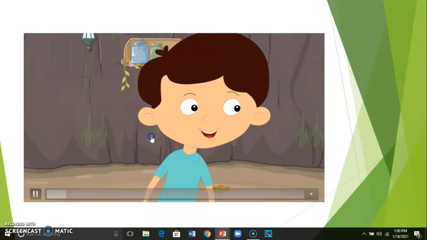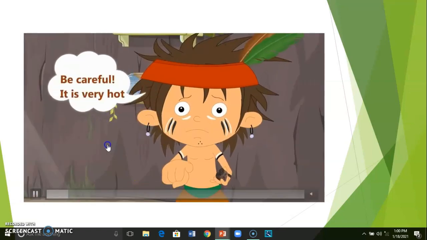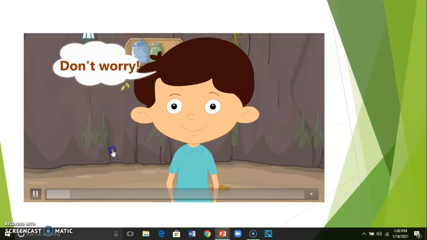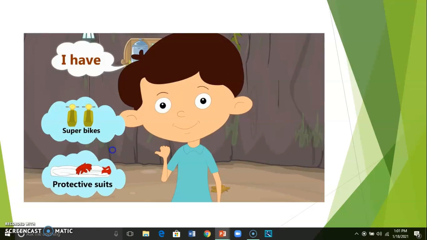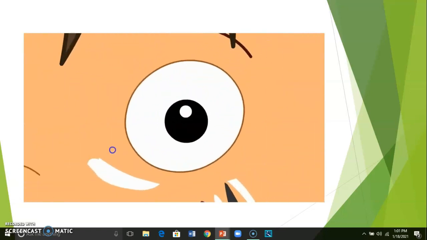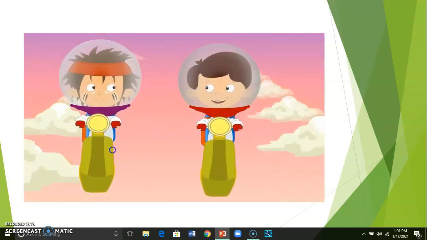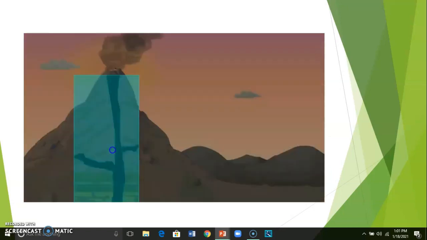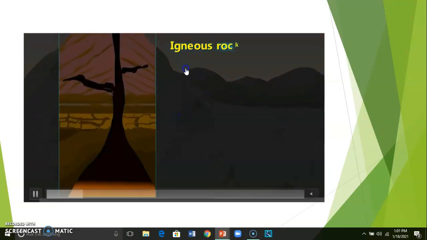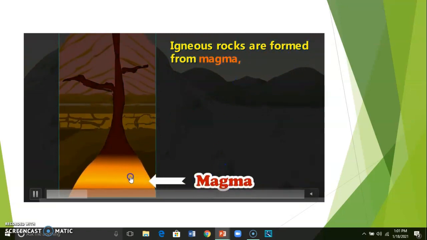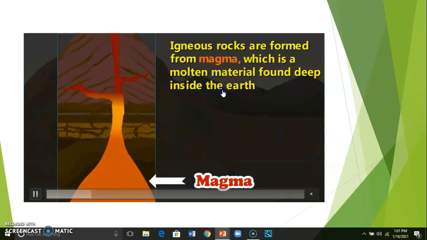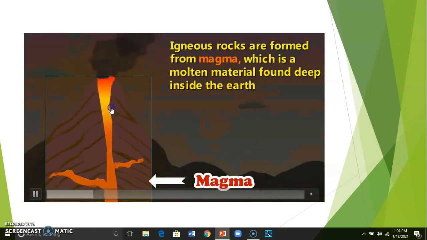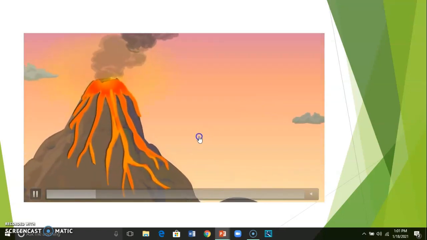The volcano. Igneous rocks are formed from magma. Okay, this is the magma, which is a molten material found deep inside the earth.